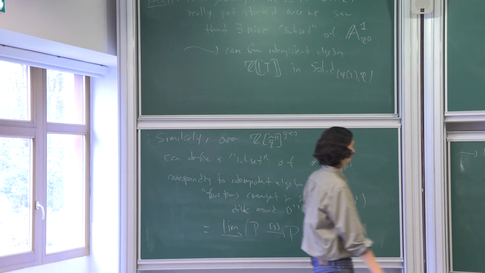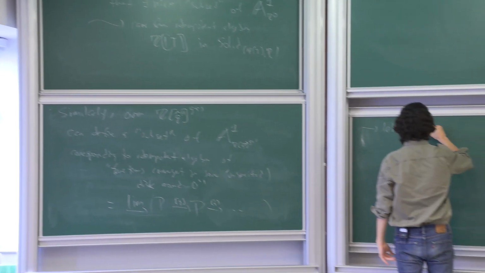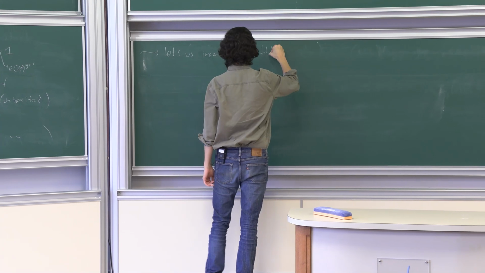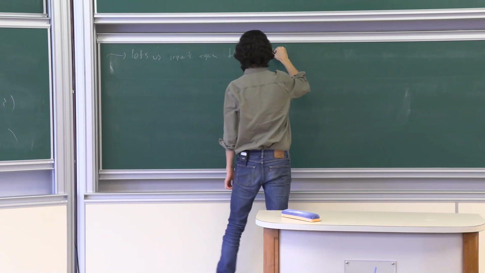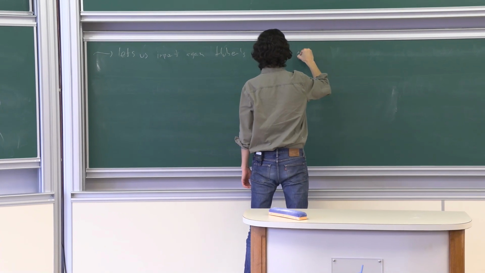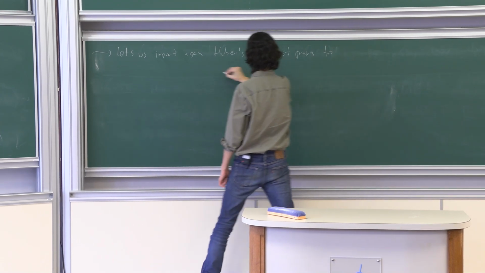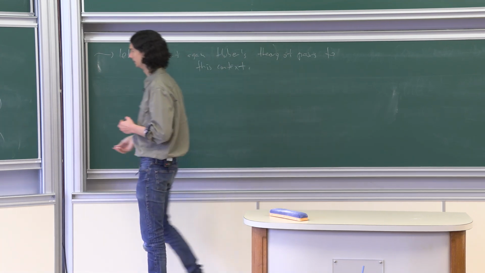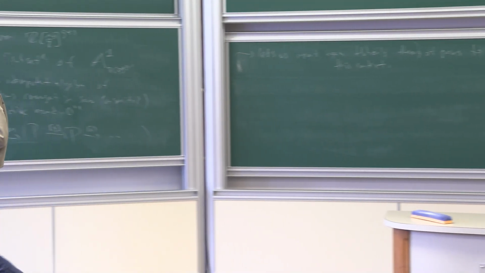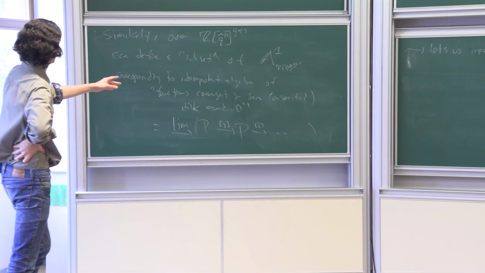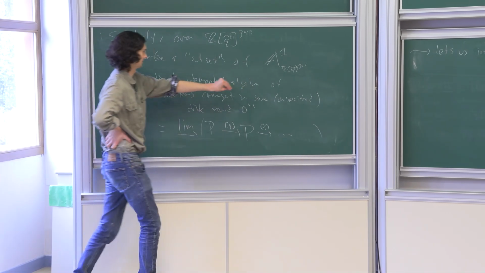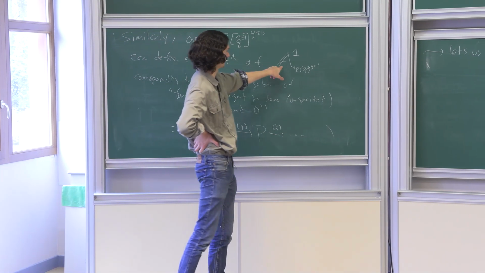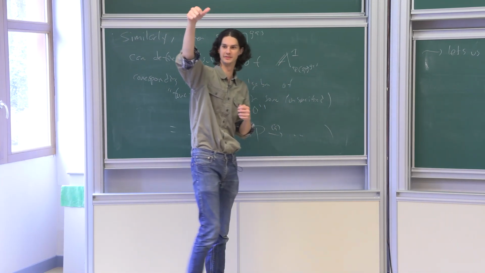And it lets us import, again, Huber's theory of pairs to this context. So what you do is you take this thing, the idempotent algebra of function germs at the origin in the affine line. You move it to infinity and you get germs at infinity.